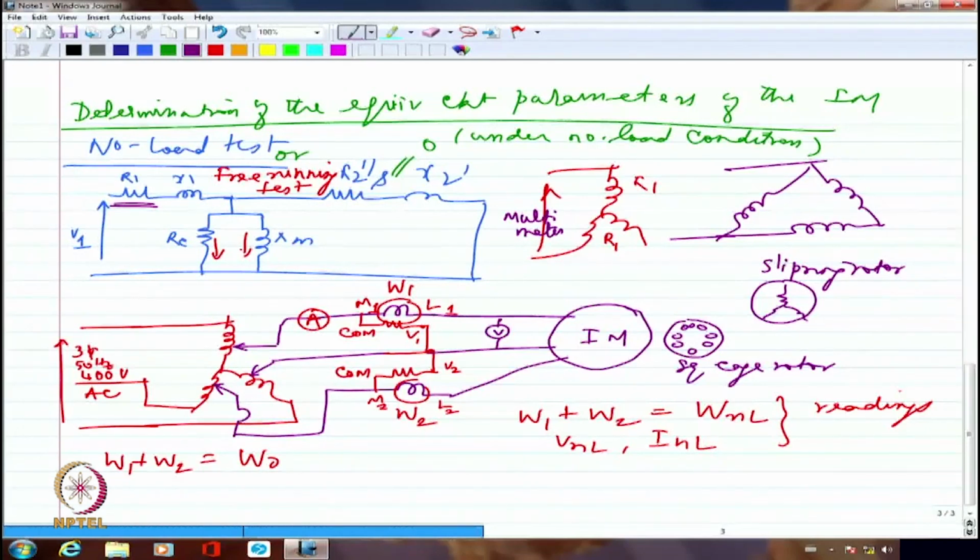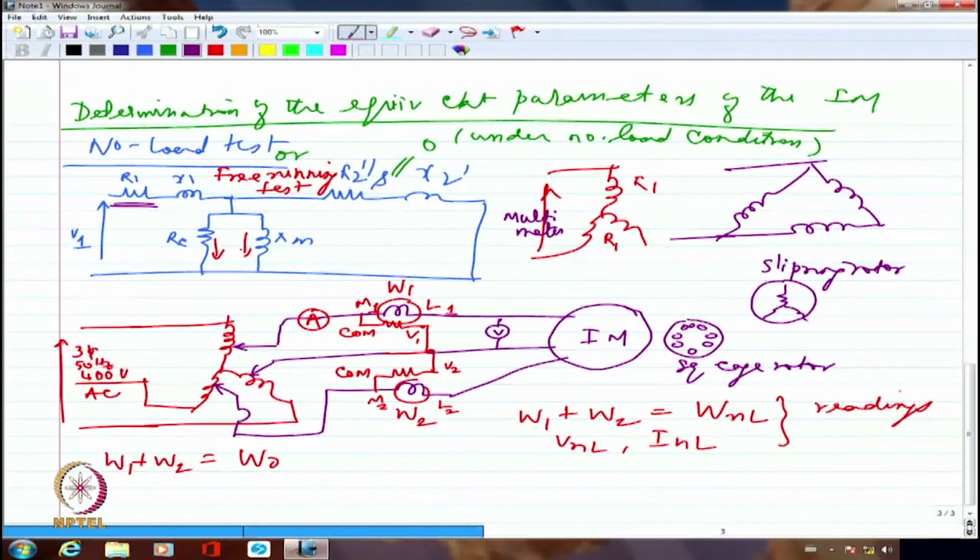Whereas here, I can't afford to neglect it completely because the current drawn under no load condition happens to be anywhere between 25 to 30-35%. This is true in the case of a large induction motor, about 20% or something. If it is a small induction motor, like what we have in the laboratory, we couldn't care less. So the value of the no load current can be as high as 50% even in many cases. So it's very large.